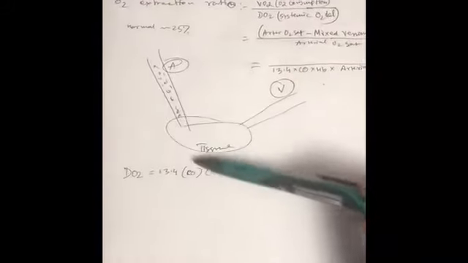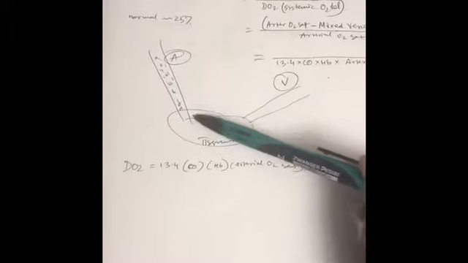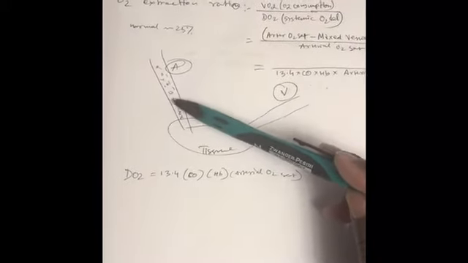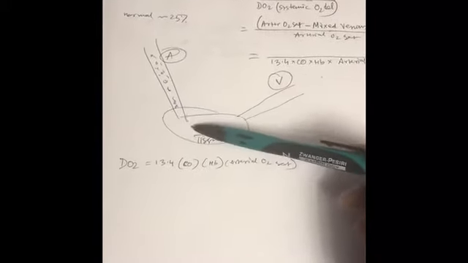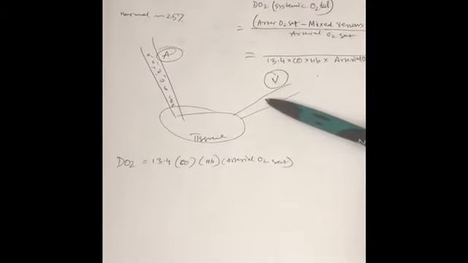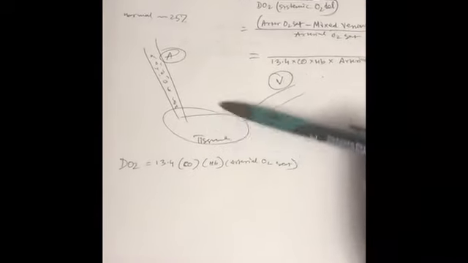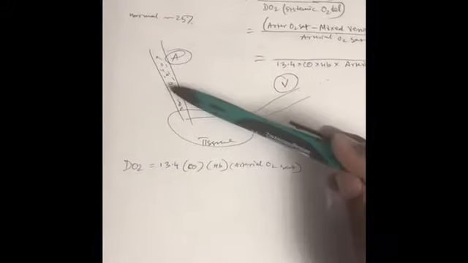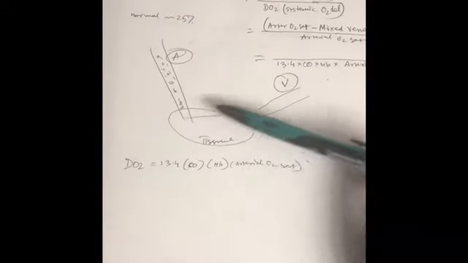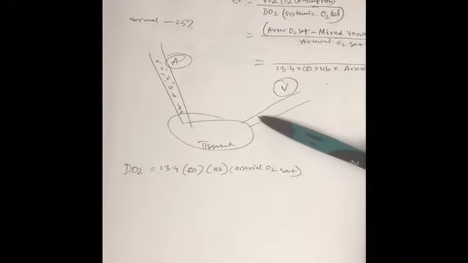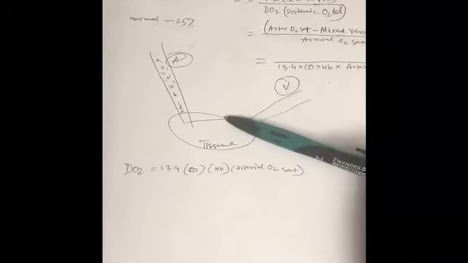So this is the general circulation, this is the arterial side, this is the tissue, and this is the venous side. On the arterial side, oxygen is coming to the tissue, and the arterial-venous gradient drives oxygen extraction from the arterial side to the tissue. The more difference between arterial and venous side oxygen pressure, the more oxygen extraction into the tissue.